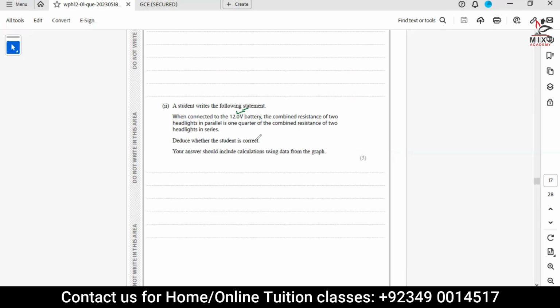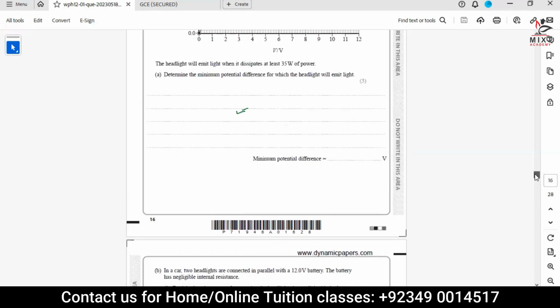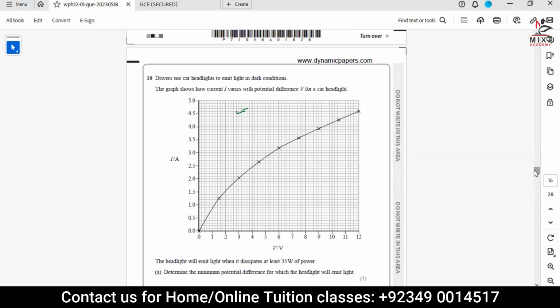You can use the graph. Remember that when two resistances are in parallel, they have the same voltage. For 12 volt, what is the current? Can you take the current from the graph? It's 4.6, I think.